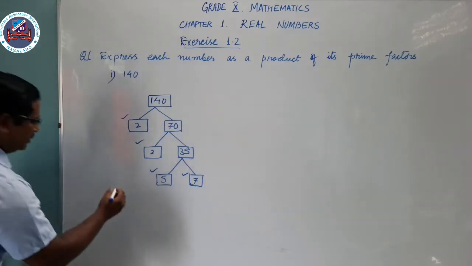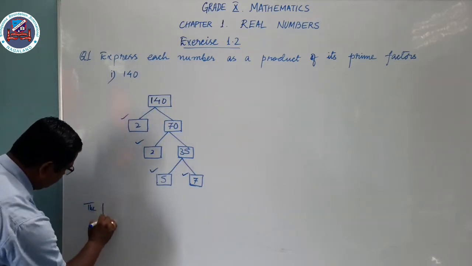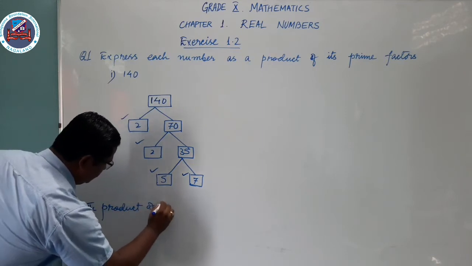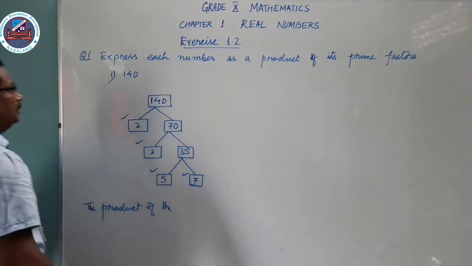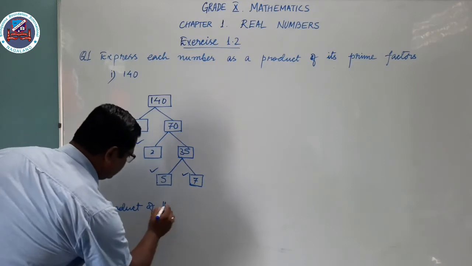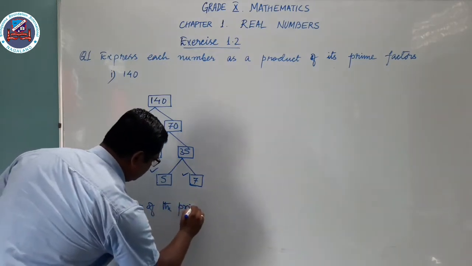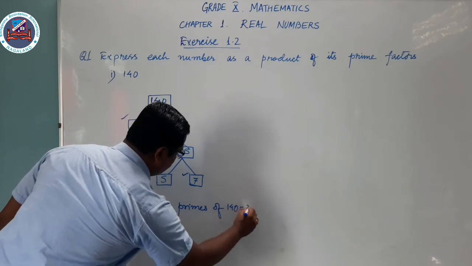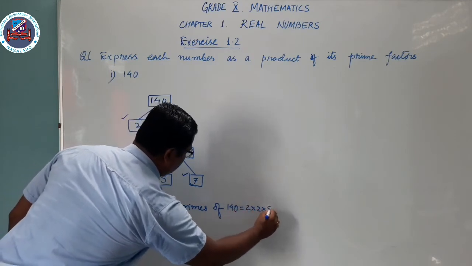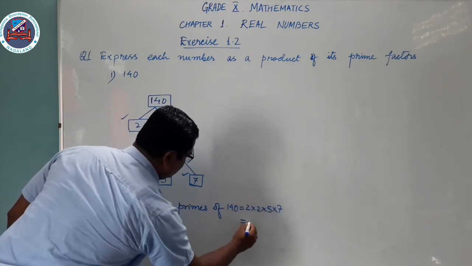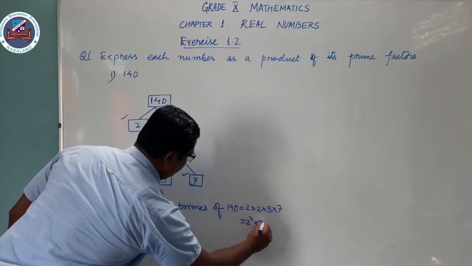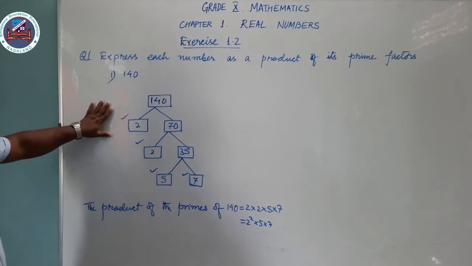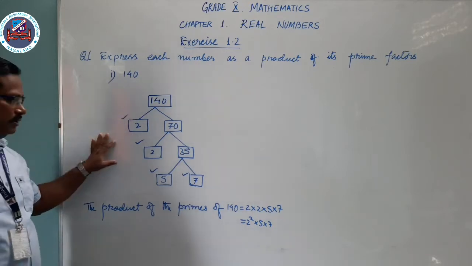So you write down like this: the product of the primes of 140 is 2 into 2 into 5 into 7, or you can write 2 square into 5 into 7. This way of finding out the factors, we call it the factor tree method.